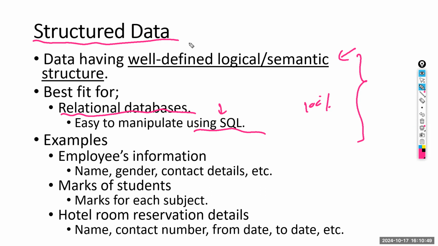So well structured. Subject versus marks, your exam results. So we call them structured data. And when it comes to information technology, we are more comfortable handling structured data. And only recently we started seriously processing unstructured and semi-structured data.